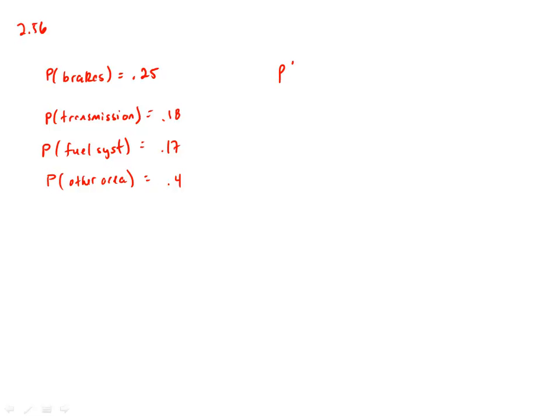So the joint probability of brakes and fuel is 0.15, and we are looking for the union of brakes and fuel, right?